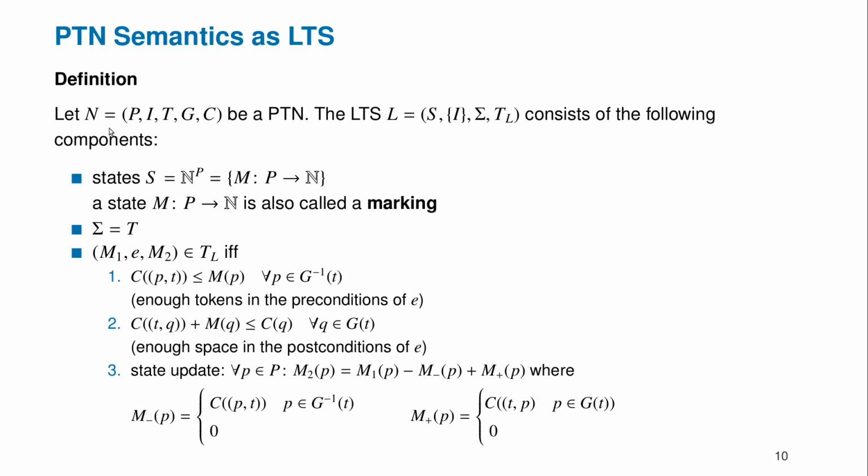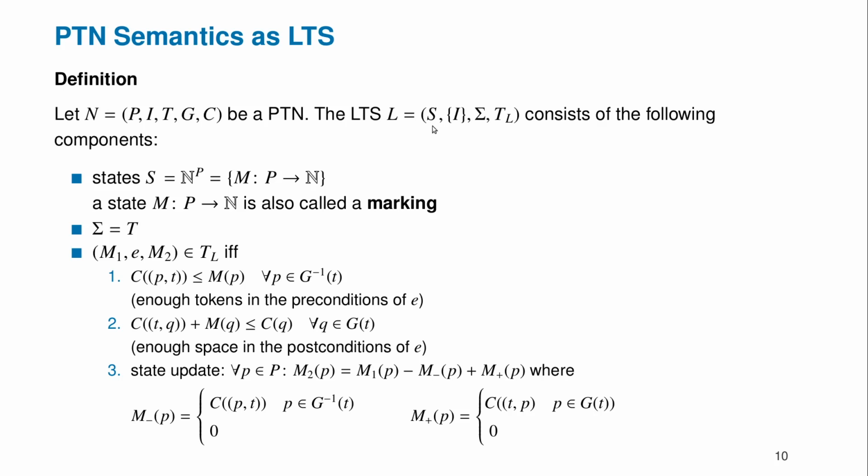So we are again given a PTN with places P, initial marking I, T the set of transitions, G the connection graph, and C the capacities, and this gives us an LTS that describes the behavior.